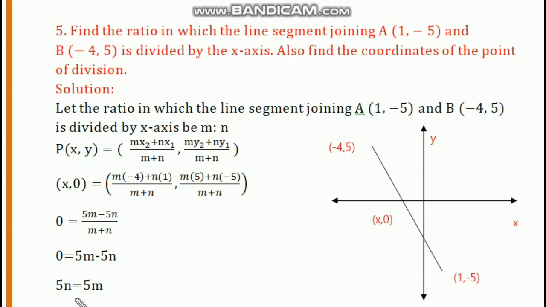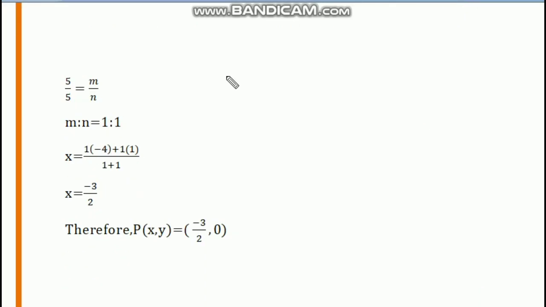So 5n equal to 5m, because here we need to find the ratio. 5 transposes to the left-hand side and n to the right-hand side. So 5 divided by 5 equal to m divided by n. The 5 will be cancelled, so we get 1 divided by 1. So the ratio m is to n equals 1 is to 1.